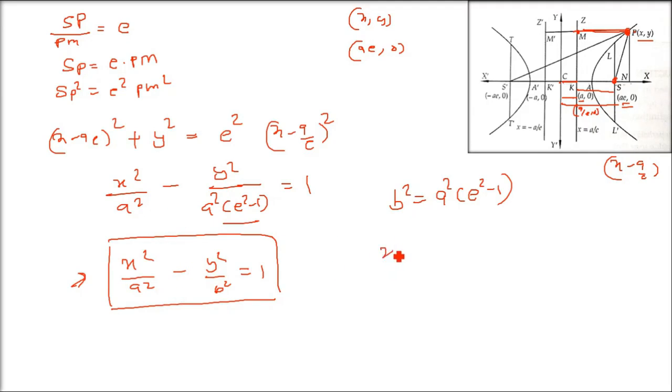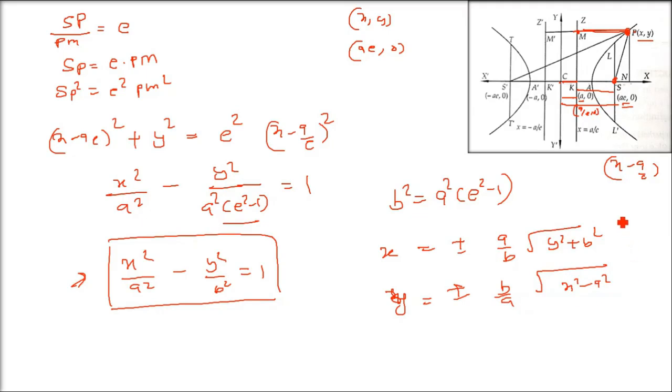If you want to find x from this equation, what are you going to get? Plus minus a by b under root y square plus b square. If you want to find y, it will be plus minus b by a under root x square minus a square. So we have various things here. We have symmetry here.